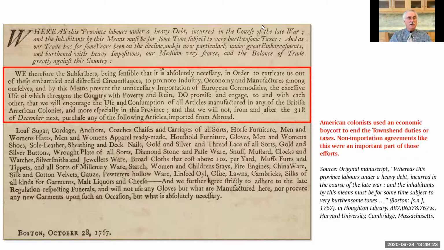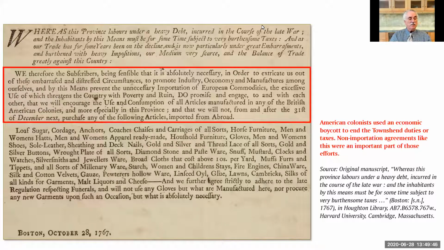We therefore do promise and engage to and with each other that we will encourage the use and consumption of all articles manufactured in any of the British American colonies, and more especially in this province of Massachusetts, and that we will not, from and after the 31st of December of 1767, purchase any of the following articles imported from abroad.